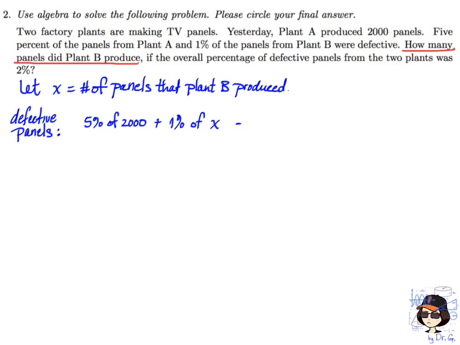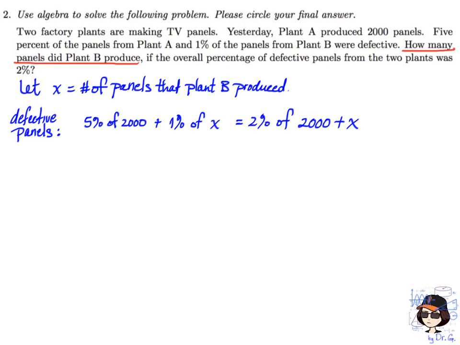And together, this gives us the total number of defective panels, which we're told is 2% of all the panels. Well, how many panels were produced altogether? Well, 2,000 plus x, 2,000 from plant A and x from plant B. So this is our equation.